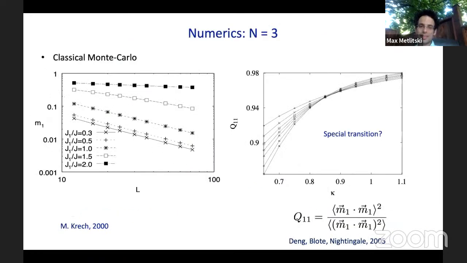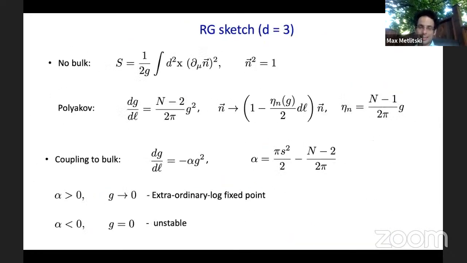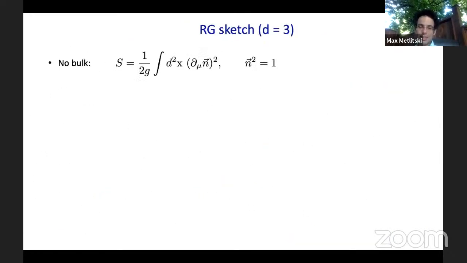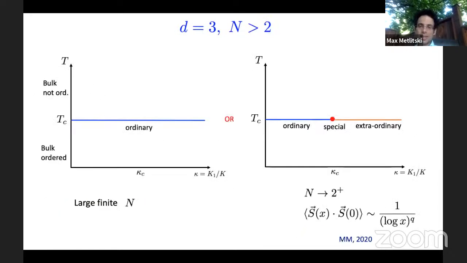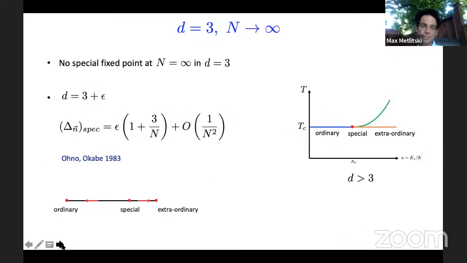Yeah, I think the reason it's tricky is that we know what this extraordinary phase is in mean field. We want to understand beyond mean field, and that's the tricky part. Okay. But I think maybe if I have time, I'll talk about the RG analysis slightly later. Maybe it will make more sense then.